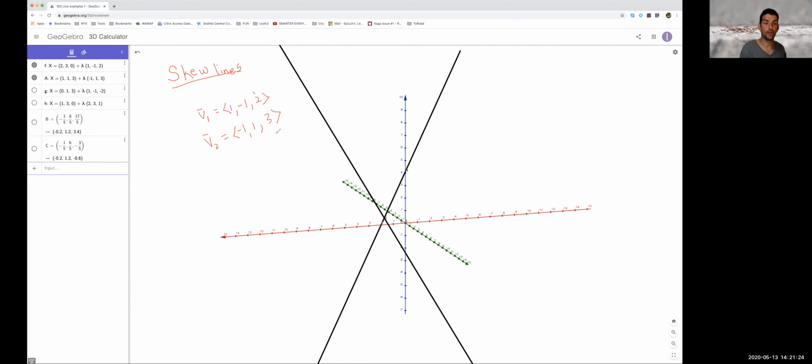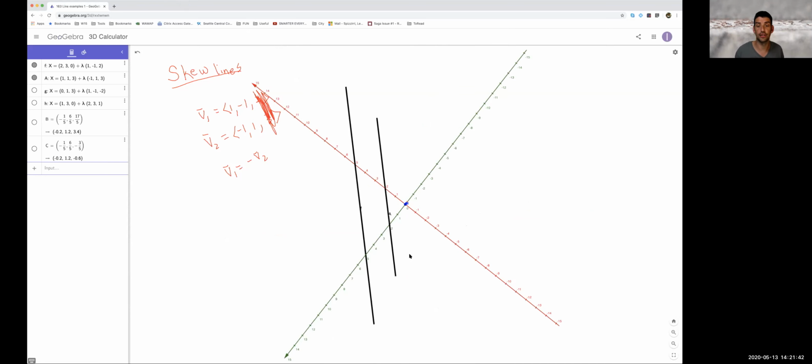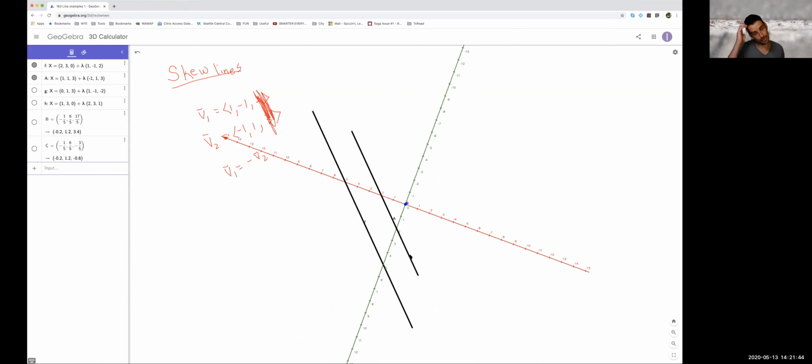So if we ignore the z information, we get v1 is equal to -v2, right? This is not true in 3 dimensions, but in 2 dimensions, if we had these vectors in 2 dimensions, that's true, they are parallel. And so that's why that view we get looking down the z-axis shows them as parallel lines, because in the x, y dimensions, they are parallel. They don't ever share x, y coordinates.